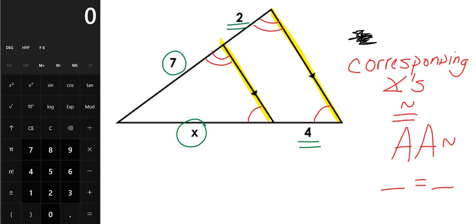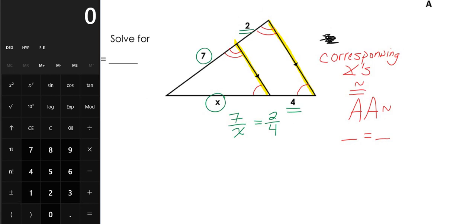With that matching, I can go ahead and set up a proportion. So let's say 7 over x equals 2 over 4. We're going to cross multiply to solve. 7 times 4 is 28. 2 times x, 2x.